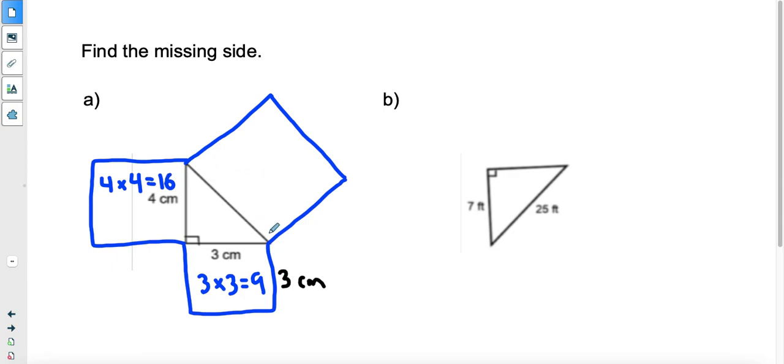And since this square here is the biggest, we can just tell by looking at it, the Pythagorean theorem is just going to tell us the area of these two smaller squares will add up to give me the area of this big square.